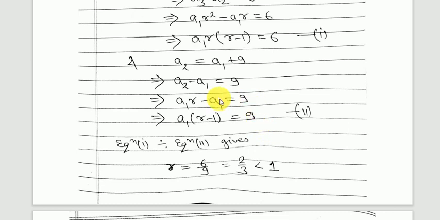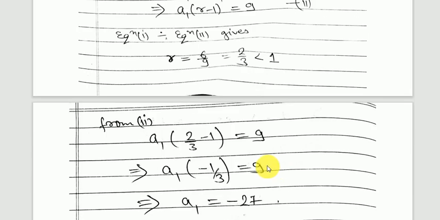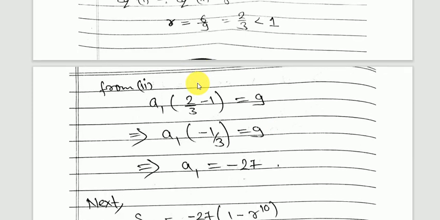Now equation 1 and equation 2, if you observe, if I divide equation 1 by equation 2, then A1 (R minus 1) cancelled, we are left with R. So equation 1 divided by equation 2 gives R equal to 6 by 9, that means 2 by 3, which is less than 1. So I got R. Now use this R in 1 or 2 to get the value of A1.